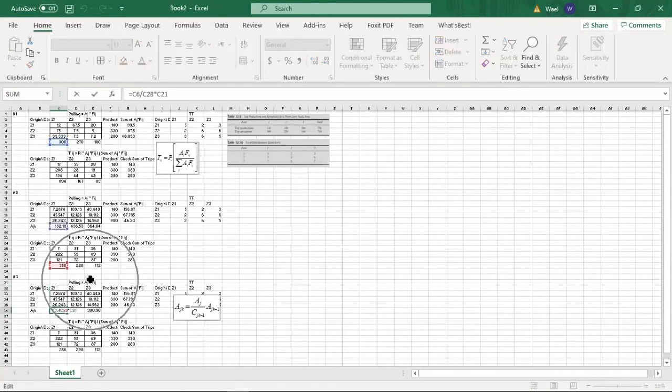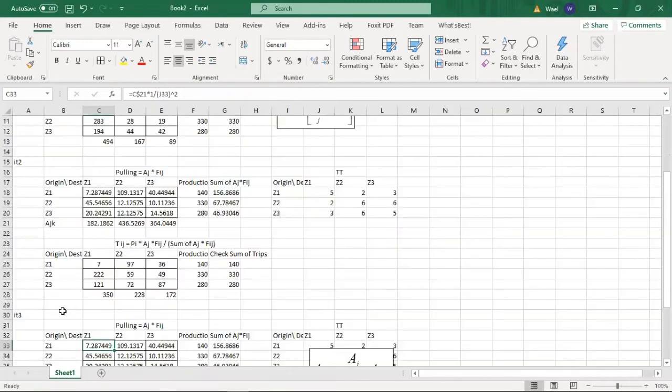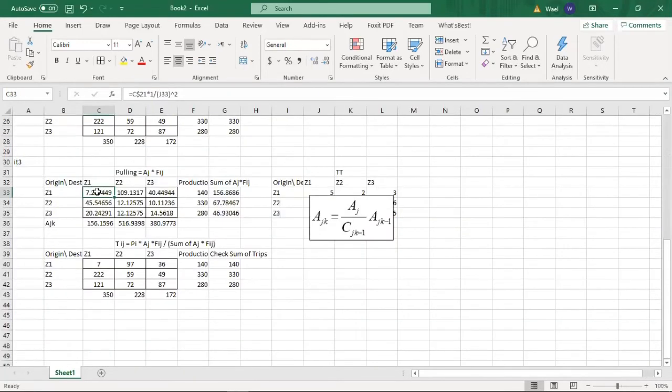Okay, here's the issue. This should be basically the new attraction, and the new attraction should be C36.